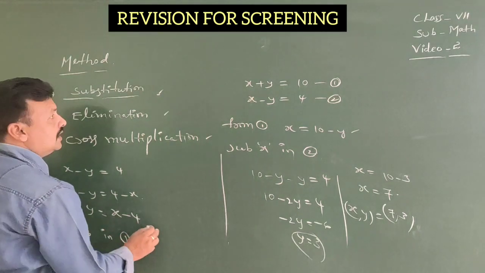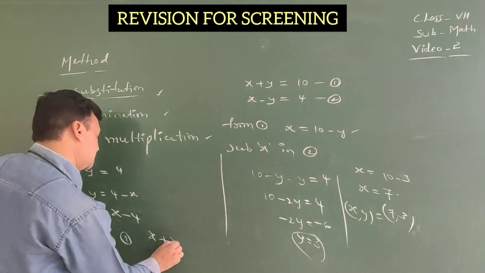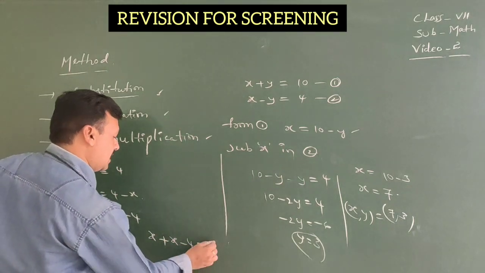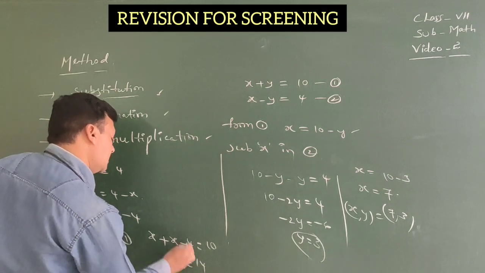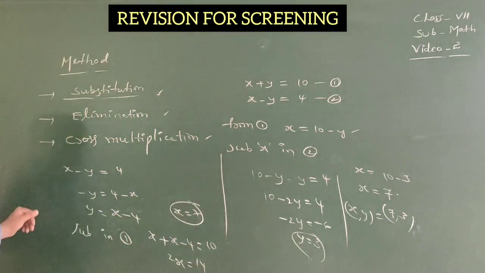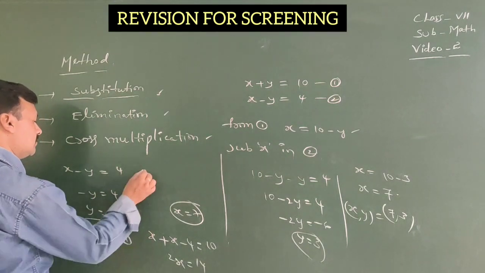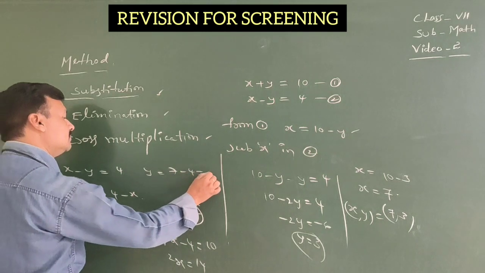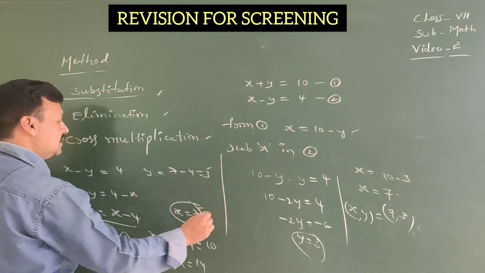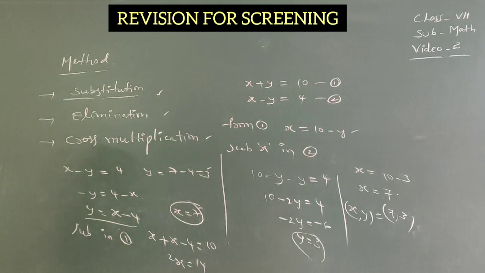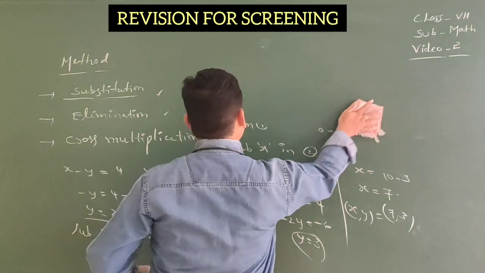So here x plus y means x plus x minus 4 equal to 10, 2x equal to 14, x equal to 7. Here y equal to 7 minus 4, 3. So 7 and 3. Your wish, but one needs to be converted in terms of the other. This is the substitution method.